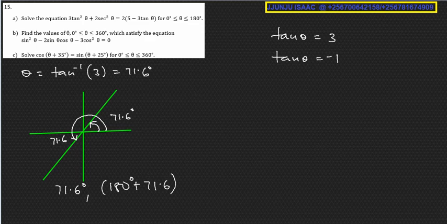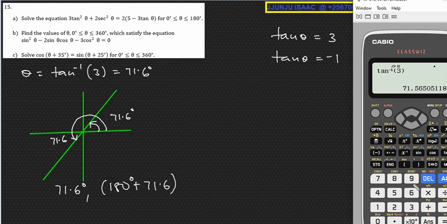So 180 plus 71.6, we get 251.6 degrees. That is the angle for that.